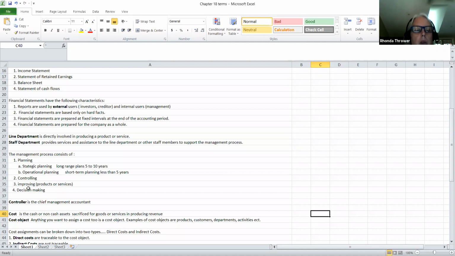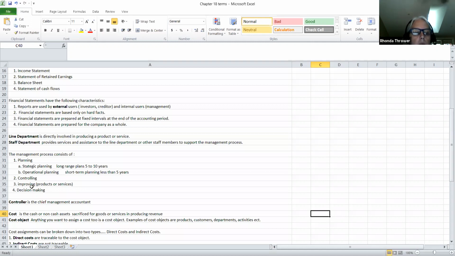Another part of the management process is improving the products or the services. Management is responsible for the products or the services that are provided to the customers. So you want to make sure that there's continuous improvement in those products and customer relations or the services that we are performing for the customer.